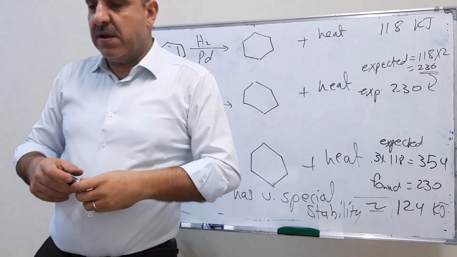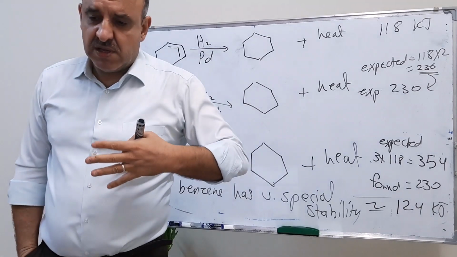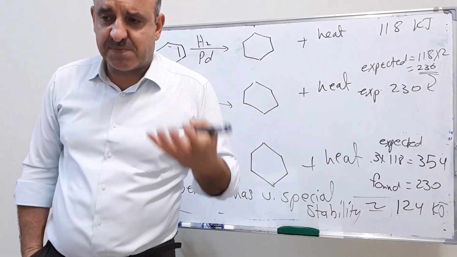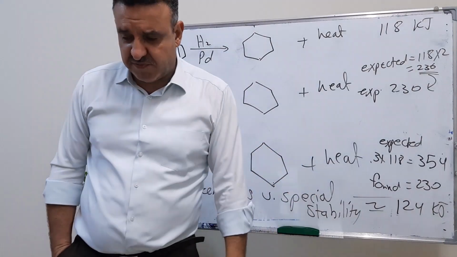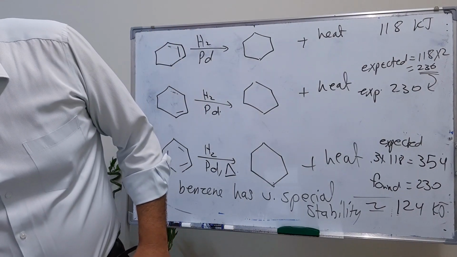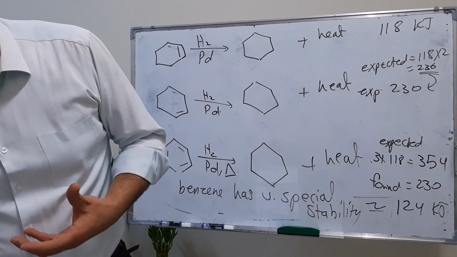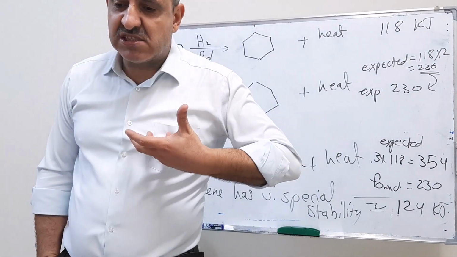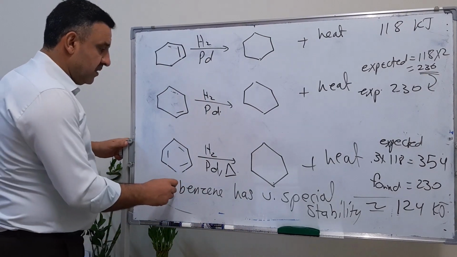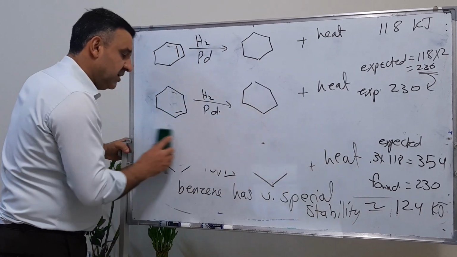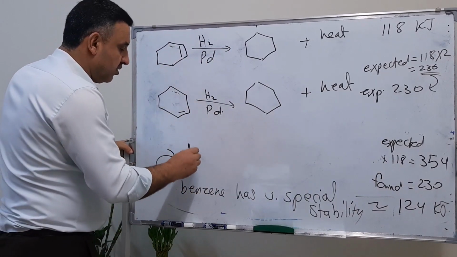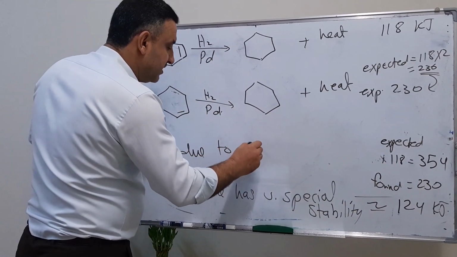So, to make the story short, the summary of this slide just showing that the benzene has extra stability than expected with approximately 124 kilojoule, which is a huge amount of energy. Now the question is why? Why is the benzene so much stable and has special stability? This is due to something special about benzene, which is simply called aromaticity.